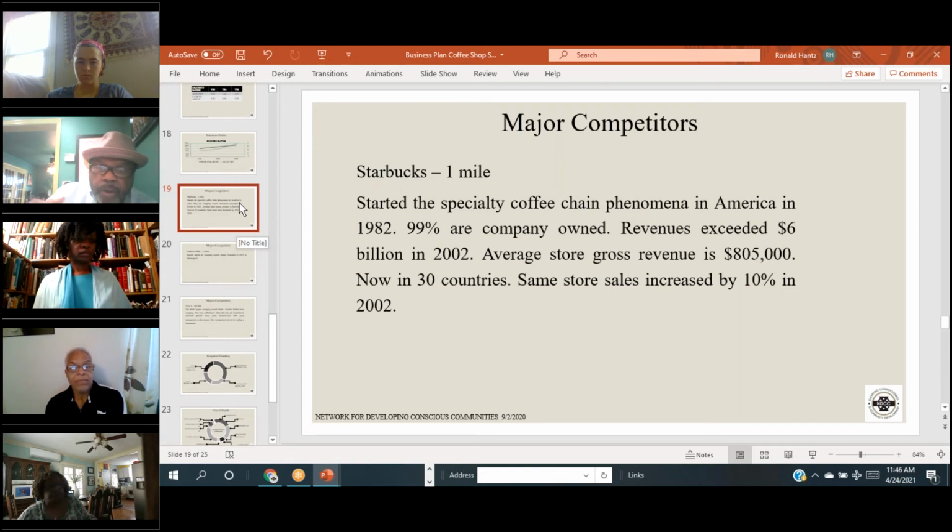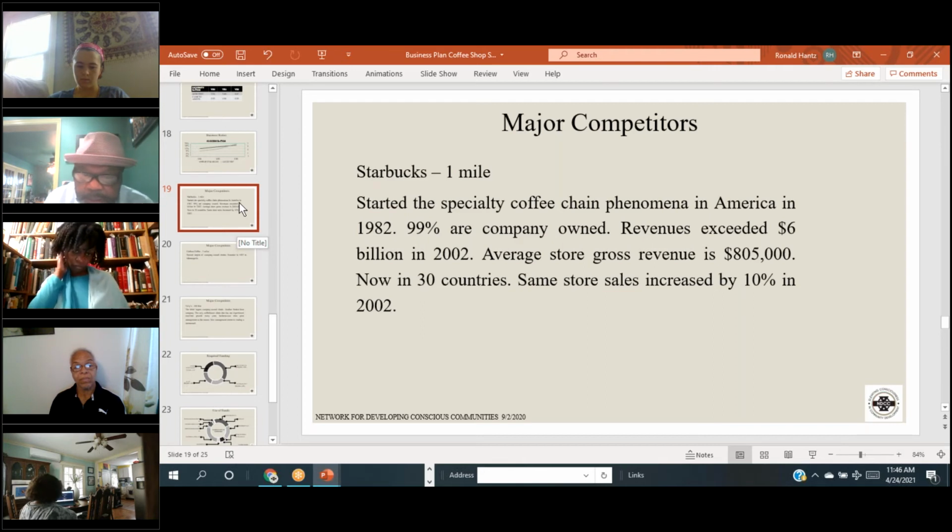And so if you're not able to capture a significant amount of the market share, you're going to be one of those businesses that are going to be priced out by your competitors.